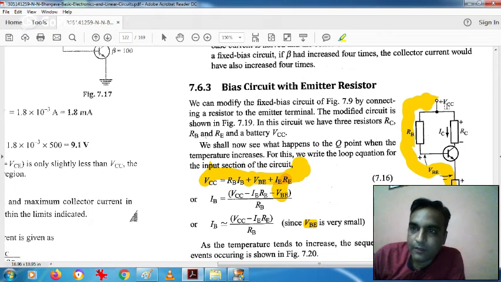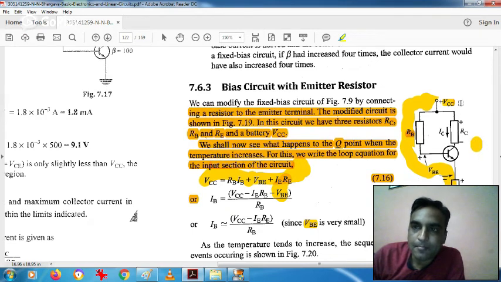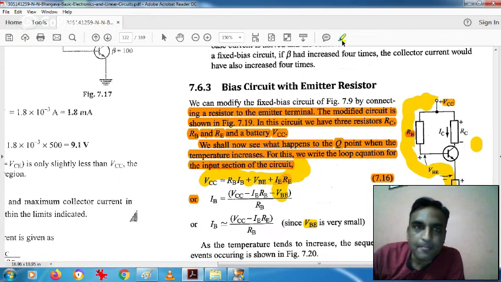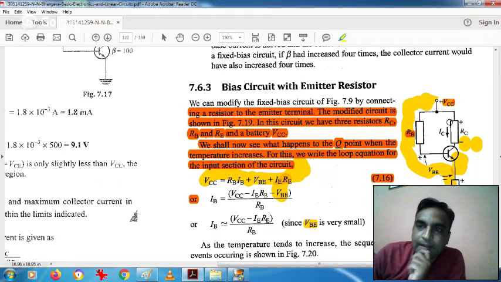So your loop will go like this. My pointer is not working properly, but it will be VCC, then RC, then the drop VCE, and then the drop across RE, like that.